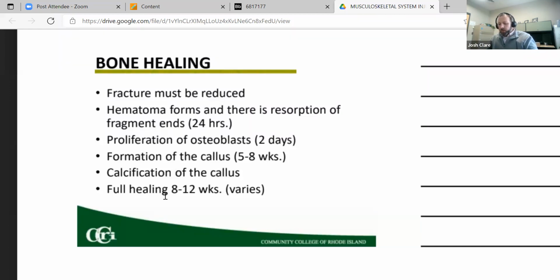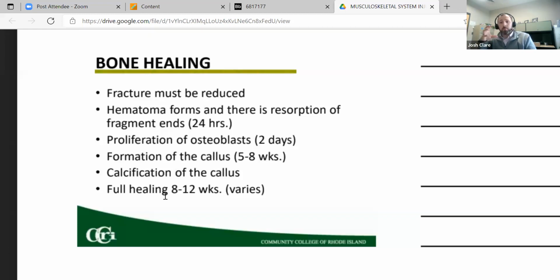So at about 2 days, osteoblasts begin to build more bone, producing osteocytes, and the osteocytes start piling up to form a callus. A callus is just a big pile of osteocytes, big bone cells. That's noticeable at somewhere between 5 and 8 weeks that we can start seeing that. Different ages and different bones have different healing times, just generally because of the blood flow that's available to it.